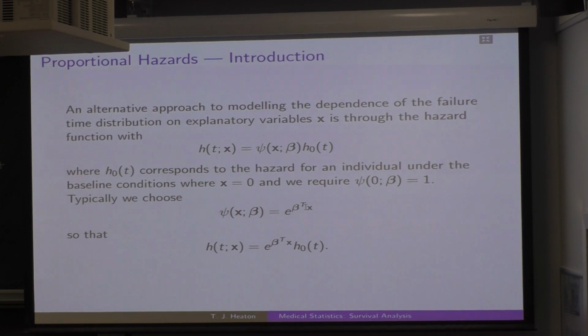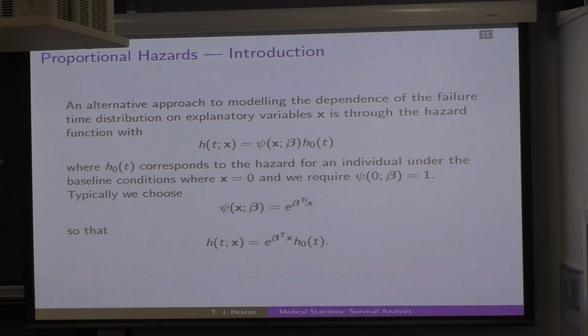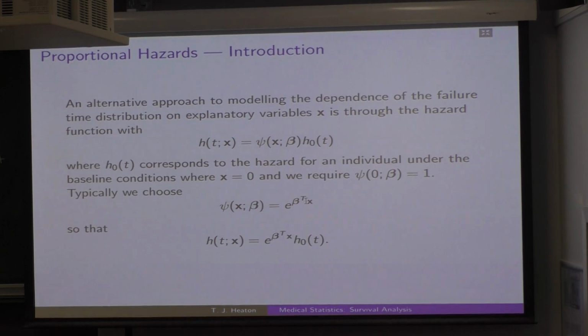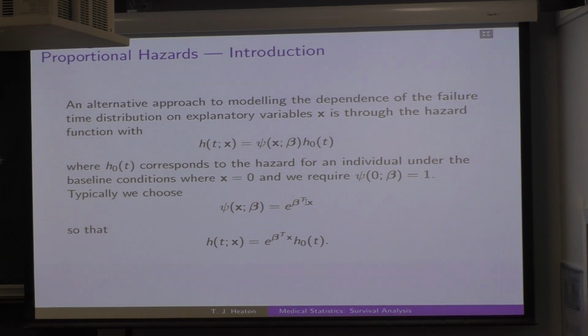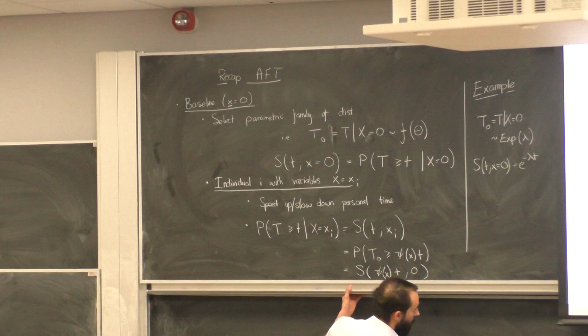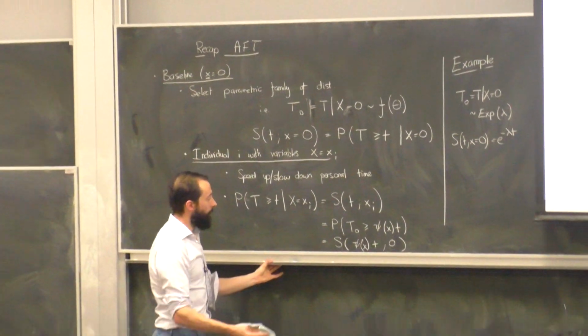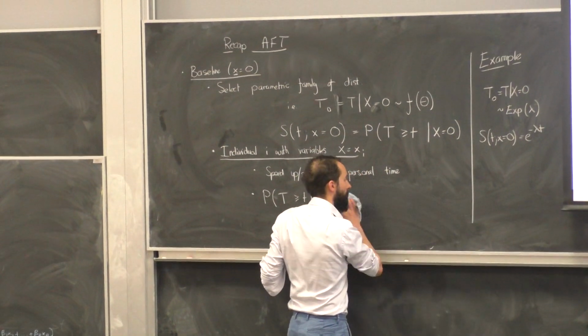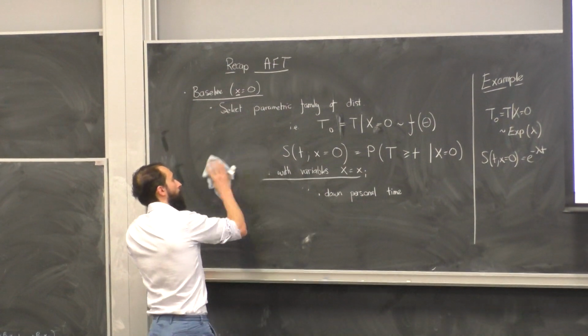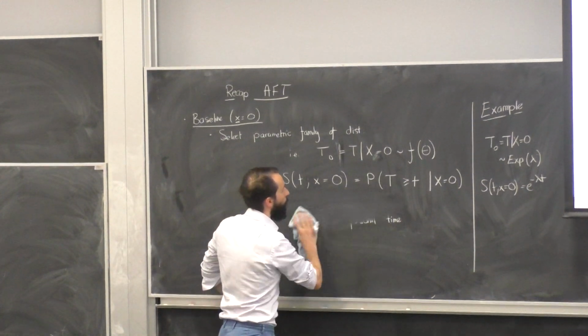Okay, so that was everything I wanted to talk about for accelerated failure time models. I said I was also going to describe an alternative approach to include multiple variables in a survival analysis. The second approach I wanted to talk about is called proportional hazards.